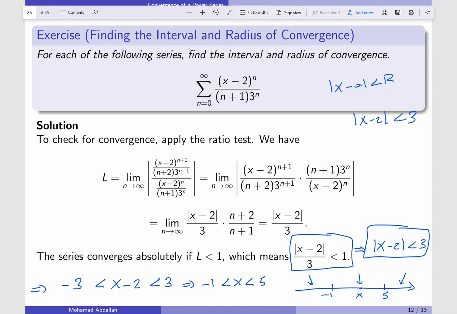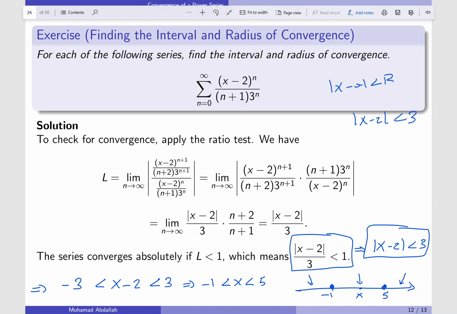And according to the ratio test, that's divergent. Now the only thing I have problem with is when the limit is equal to 1. And this happens when the value of x is -1 or when the value of x is 5. Because if x is -1, plug it in here, you get -1 minus 2, which is -3. Absolute value of -3 over 3 is 1, and same thing for 5.